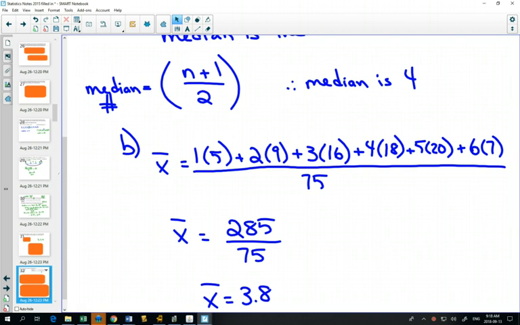Okay? Would this be a calculator question? Yes. Notice my answer is not to 3 sig figs because it's exact, and therefore I still have the equal sign.